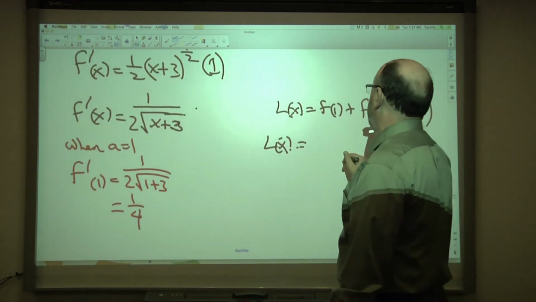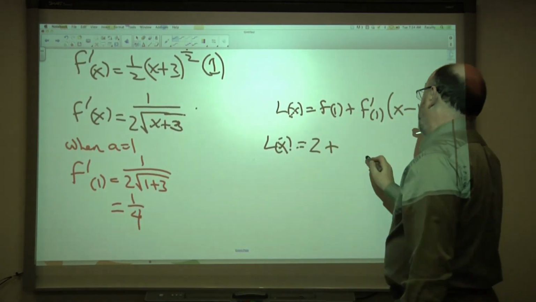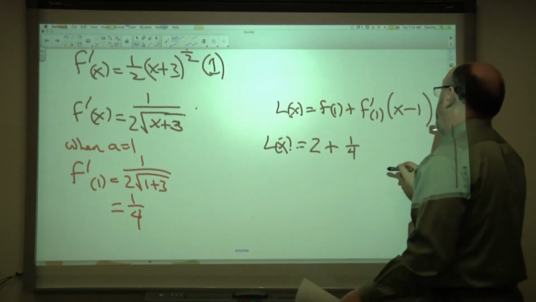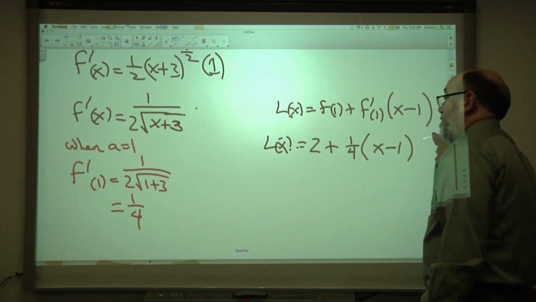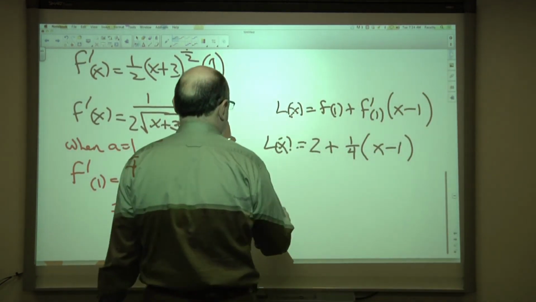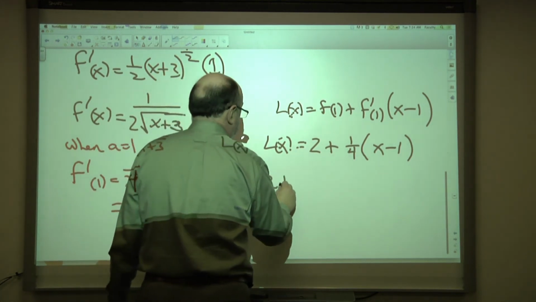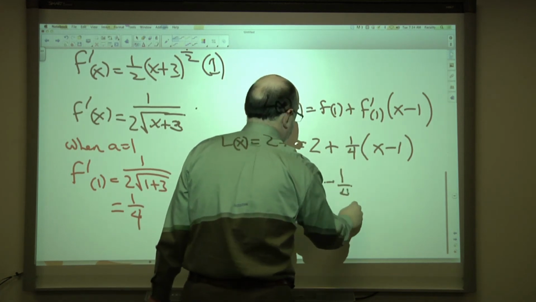So this will be 2. My derivative was 1/4. And then this will be x minus 1. So let's go through and do this and get our equation. So L of x equals 2 plus 1/4 x minus 1/4.